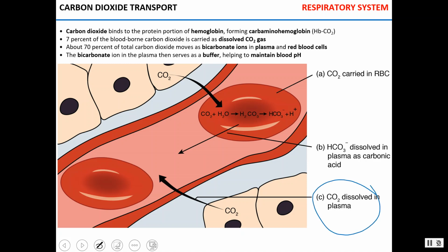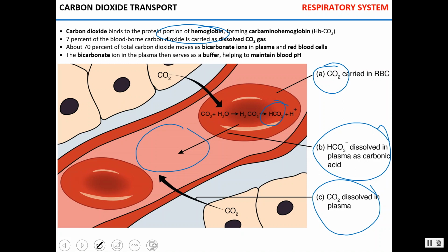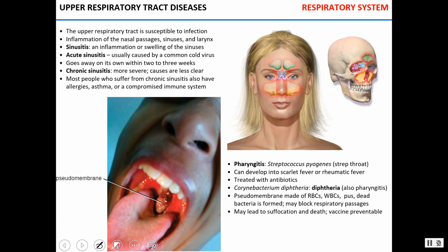It can be carried as bicarbonate anion in the plasma and red blood cells. And also CO2 can bind to hemoglobin, forming carbaminohemoglobin. What I want to highlight is that carbon dioxide, when it binds to hemoglobin, does not bind to iron. It binds to the protein component of hemoglobin.